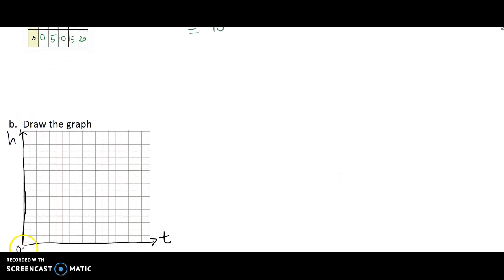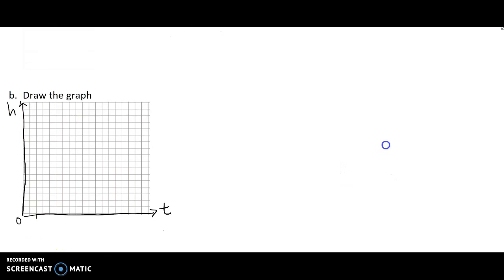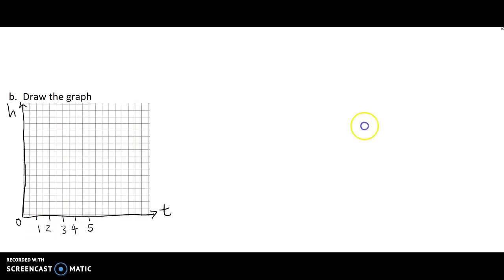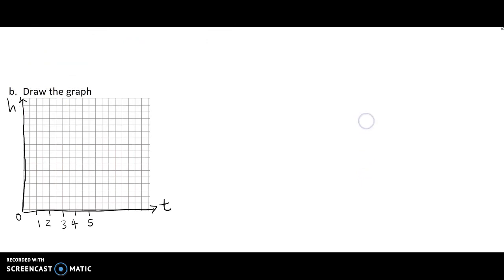Say that is 1, 2, 3, 4, and we'll say that is 5, 10, 15, 20. Let's plot this. 0, 0, then 1, 5.